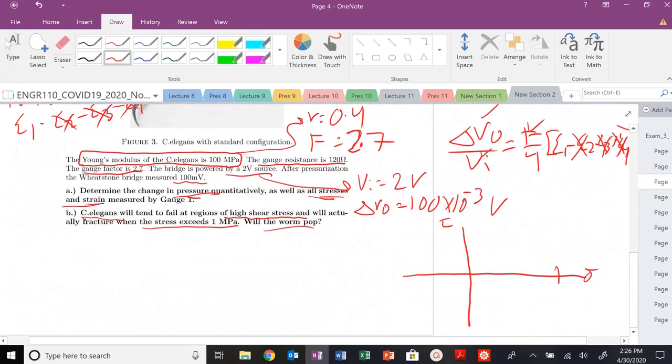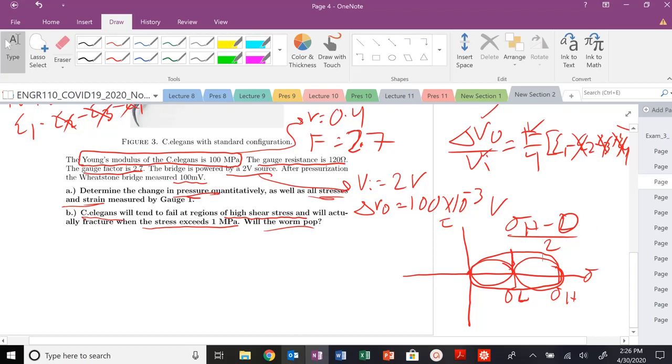So I know that this is my sigma H, this is my sigma L, this is 0. That's my big circle here. So I know that I'm going to hit my maximum shear value. My maximum shear in this stress state is just going to be sigma H minus 0, divided by 2.